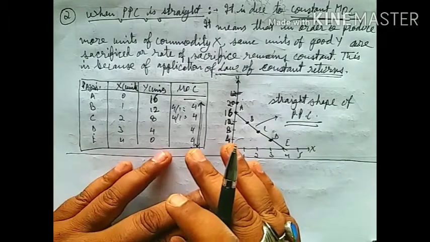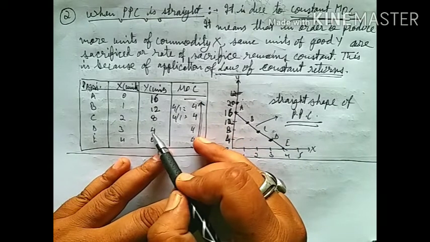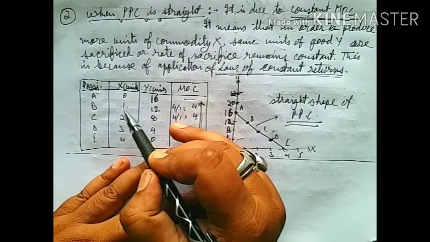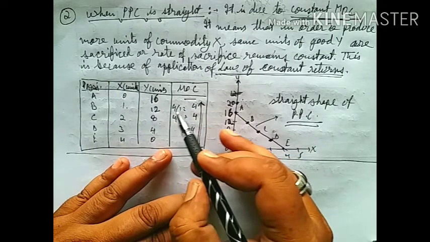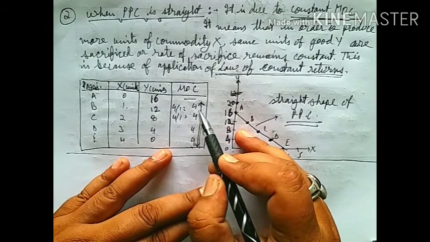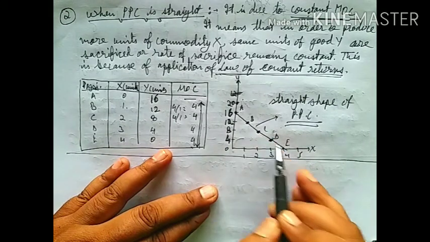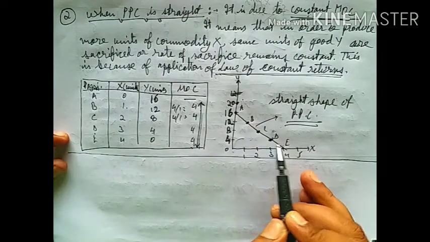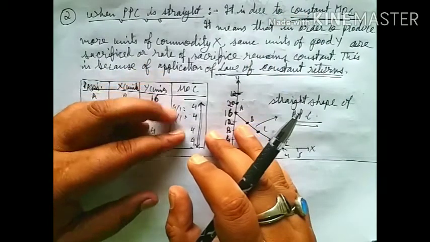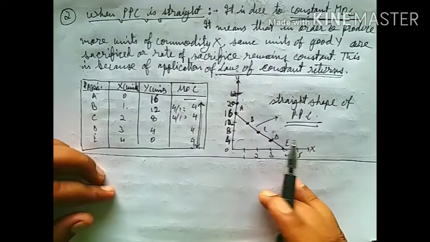Students, now it is clear from this schedule that the same units of Y are sacrificed in order to produce an additional unit of commodity X, and the result is the constant MOC, and this constant MOC will cause the straight line of PPC from A to E. Here AE is the PPC, which is a straight line curve, implying that the rate of sacrifice or the MOC remains the same or constant.